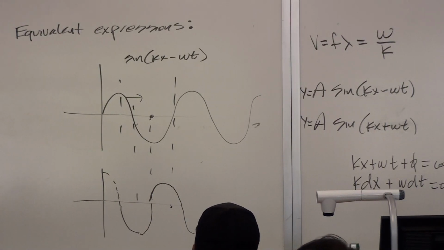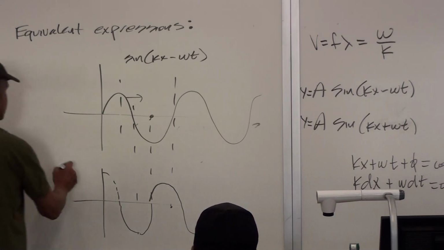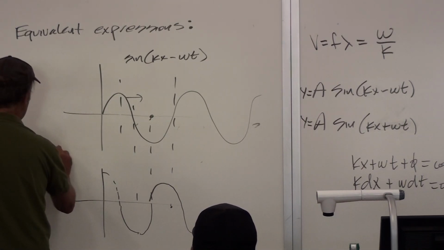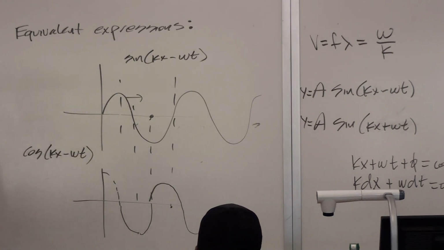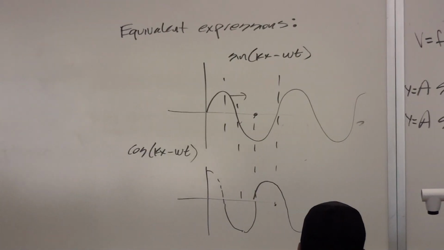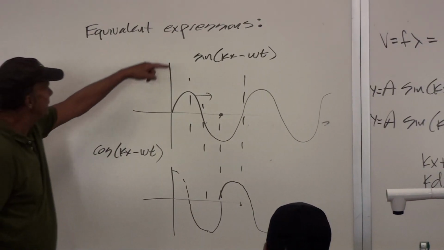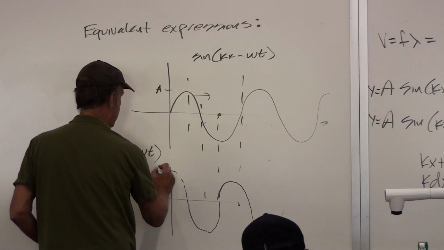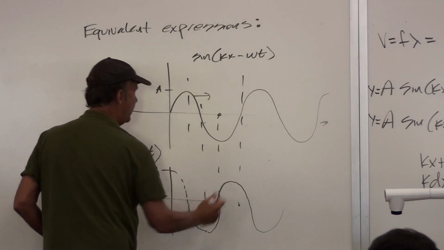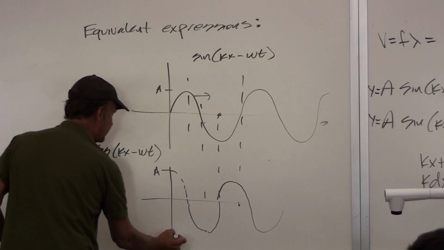That looks more like a cosine function. So we might think of this then as being the cosine of kx minus omega t. So that would just be different from this function, assuming the amplitudes were all the same, and the wavelengths were all the same, everything else matched up.